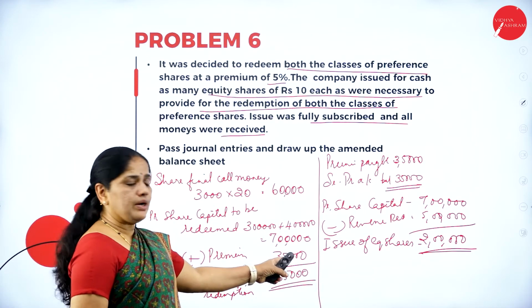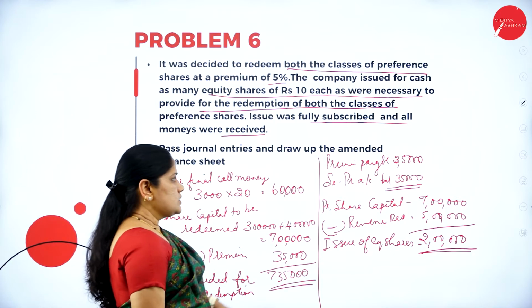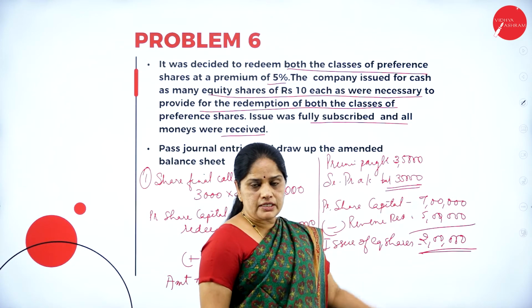So, this premium amount is 35,000, which I will be adjusting from securities premium account.